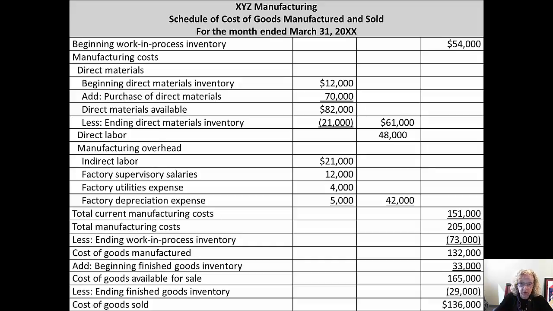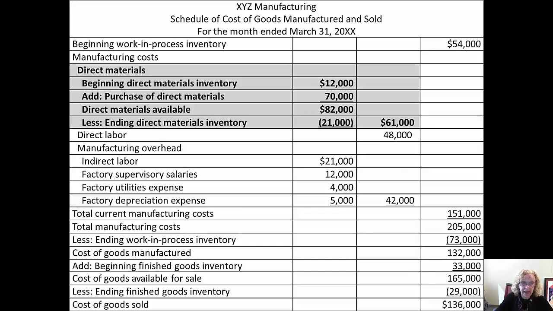That includes the name of the firm, XYZ Manufacturing, what kind of financial document it is, in this case, a schedule of cost of goods manufactured and sold, and then the period of time that it covers, in this case, the month of March. Now let's see what we can find in this maze of numbers.